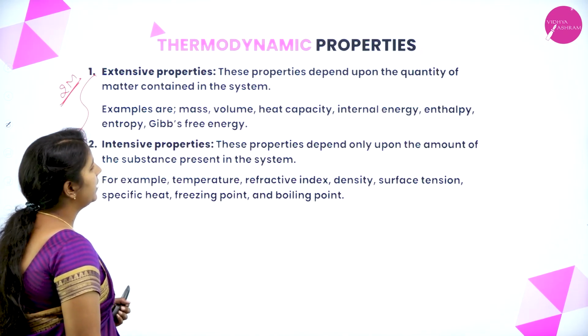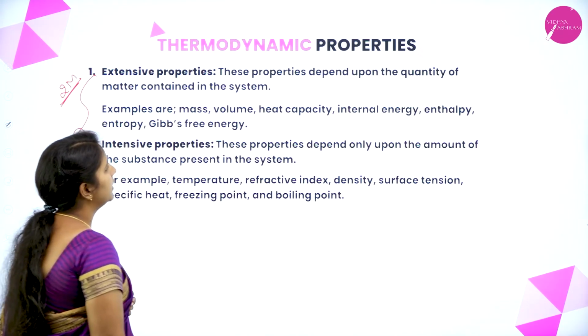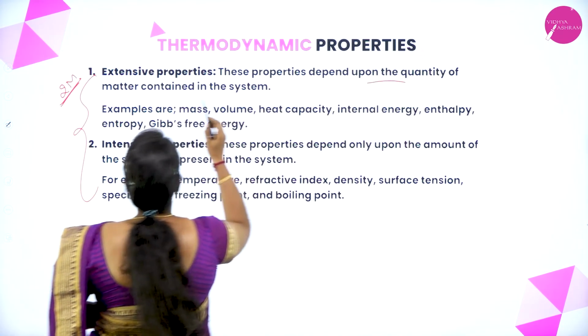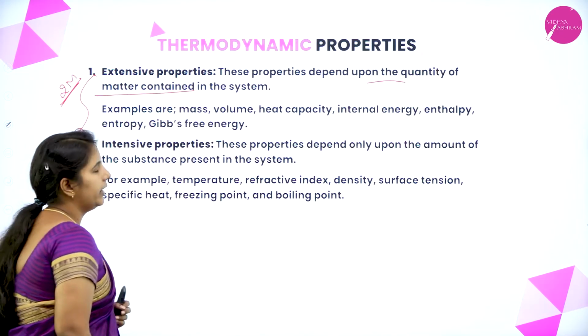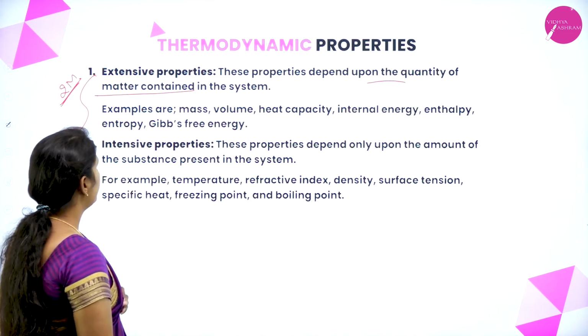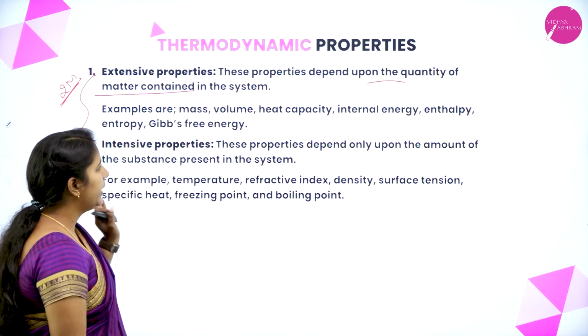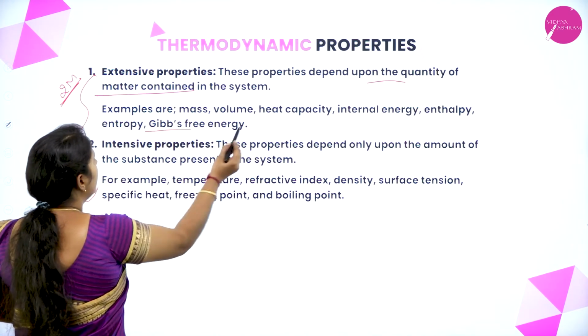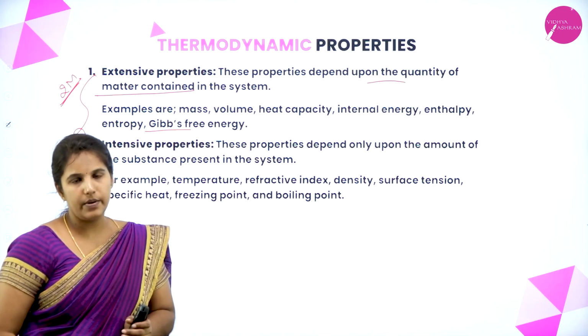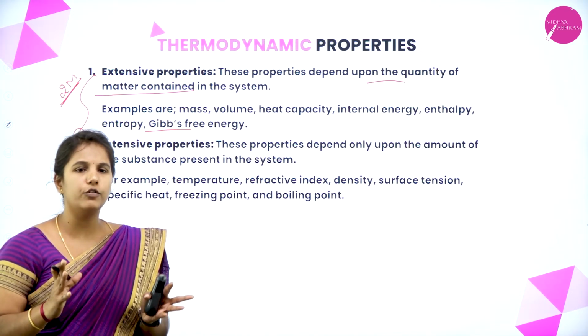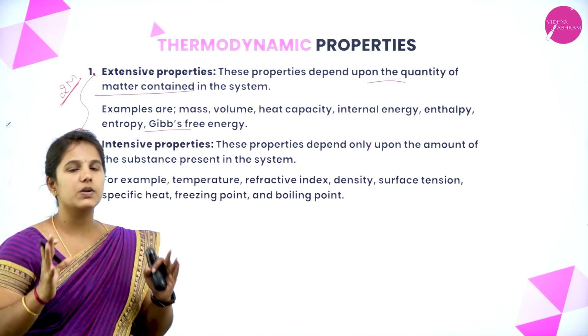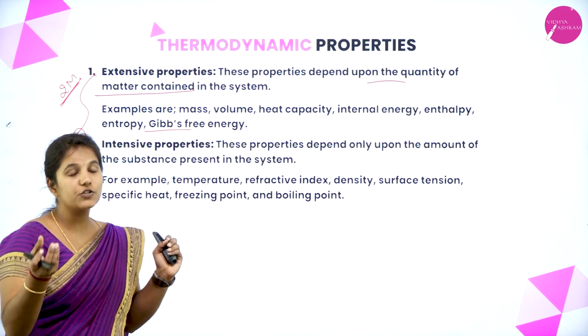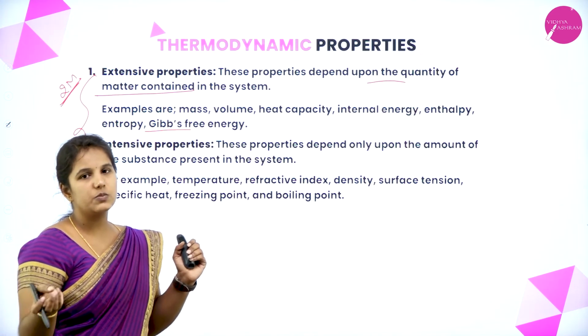These are the properties which depend only on the quantity of matter contained in the system. Examples are mass, volume, heat capacity, internal energy, enthalpy, entropy, and Gibbs free energy. It is meant only for how much energy is present inside the system, or how much quantity is present in the system.